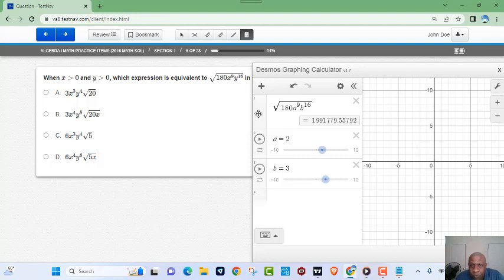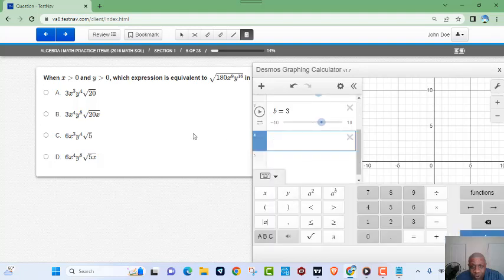So with this square root of 180, a to the 9th, b to the 16th, all we need to do is plug in whichever one of these matches this number here. So let's just try that first one here.